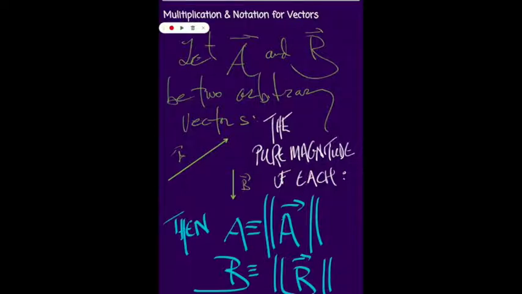Like we have a vector A. Normally we're going to be precise about that by putting a little arrow over A, making sure we know it's a vector. But if we're just talking about its size, then we write it either of those two ways in blue. That's the pure size of A.